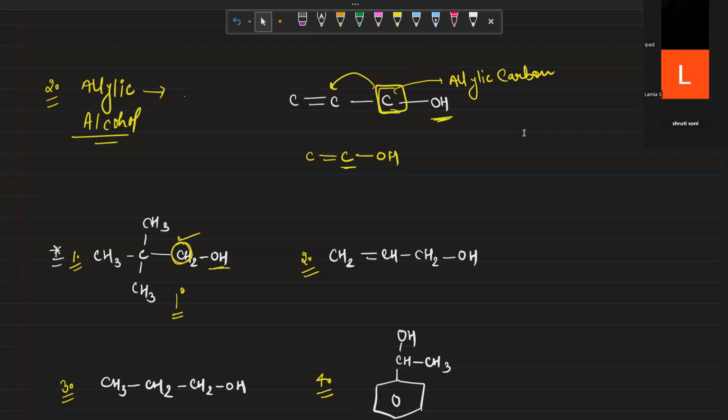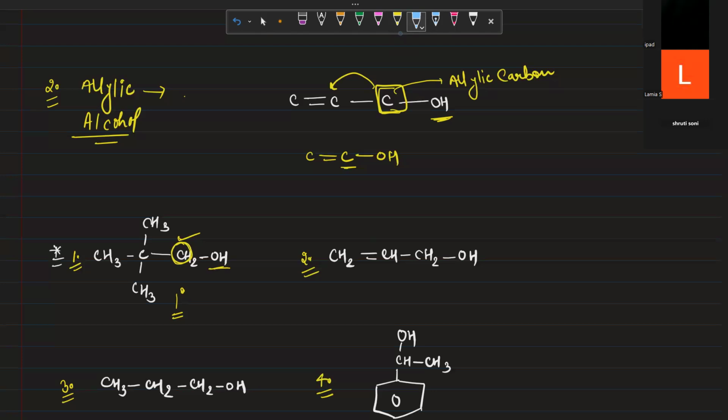Allylic means a carbon directly attached to a double bonded or sp2 hybridized carbon. That is allylic. It can be in a ring, it can be aliphatic in nature. We first check whether there is any double bond in the organic compound.